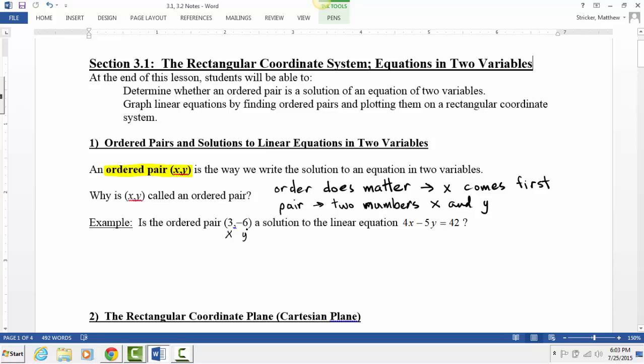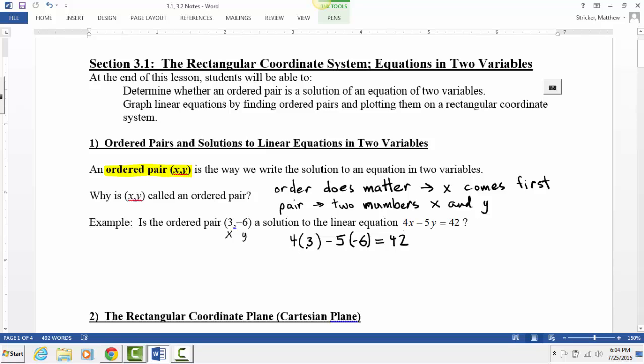And so we can go ahead and check this. We can take our equation, 4 times x, and remember when we plug in we put parentheses. And what's our x value? 4 times x, our x value is 3. Then we have -5. We're again plugging in, so I'm going to put parentheses in there for y, and y is -6. And then that should be equal to the right hand side of the equation, which is 42.